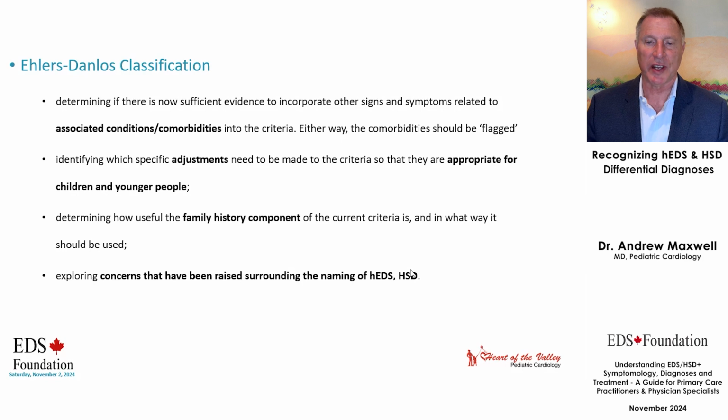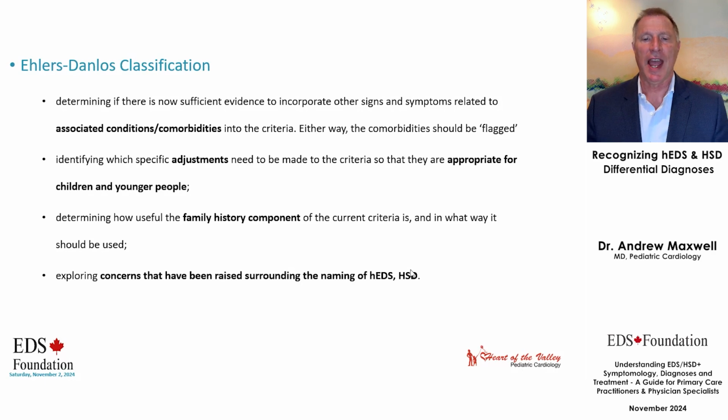Identify which specific adjustments need to be made to be appropriate for children and young adults. So as we mentioned, the old criteria were very biased toward adults. That's been improved in 2023 and probably further improved with the next set of criteria.